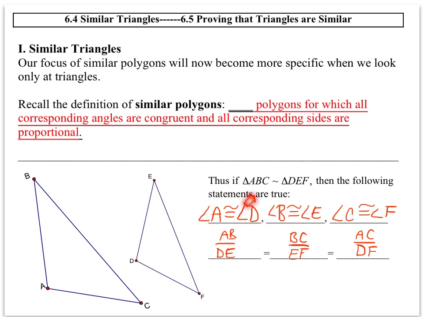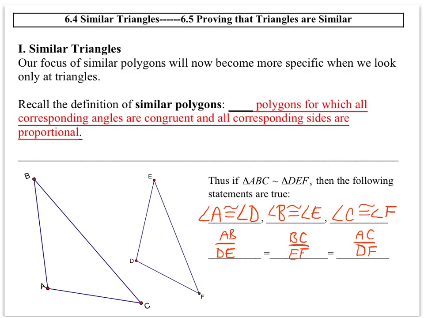So we have all the angles in these two figures are congruent. A is congruent to D, B to E, and C to F. And then the side lengths AB is congruent, or rather, excuse me, I just made the mistake there. AB is not congruent, but rather AB is proportional to DE, so we can write a ratio.